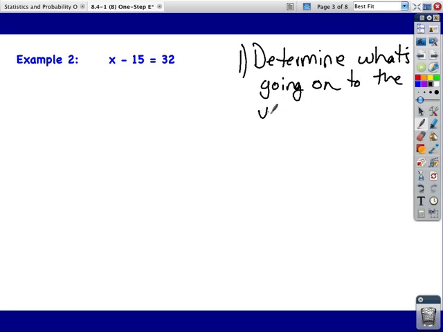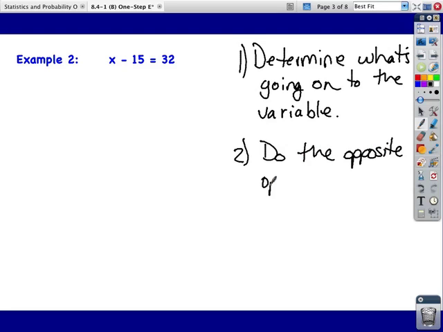In other words, is there something being multiplied by the variable, subtracted, added? What's going on? In this case, something's being subtracted. Second step is do the opposite operation to both sides of the equation.